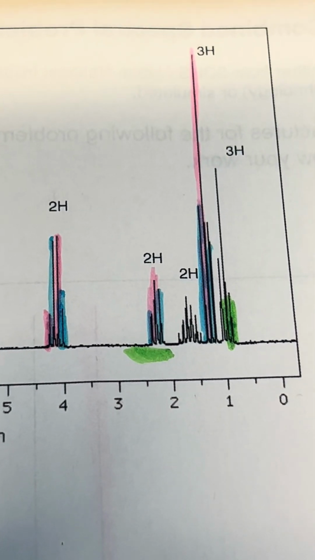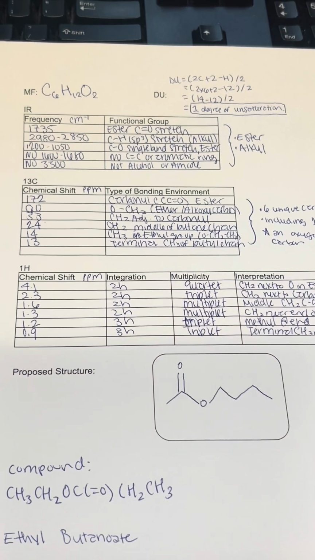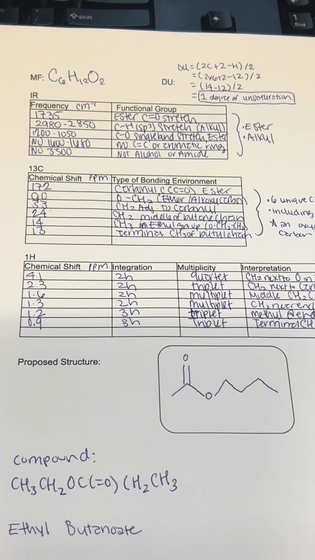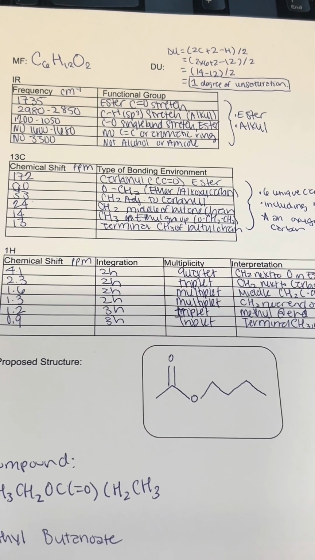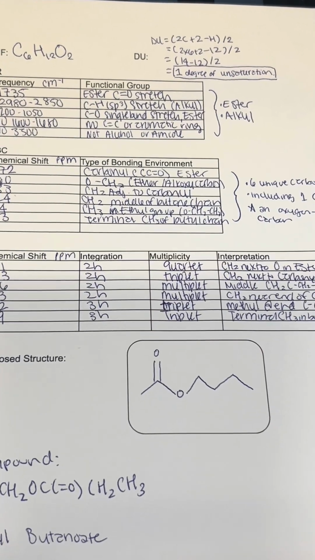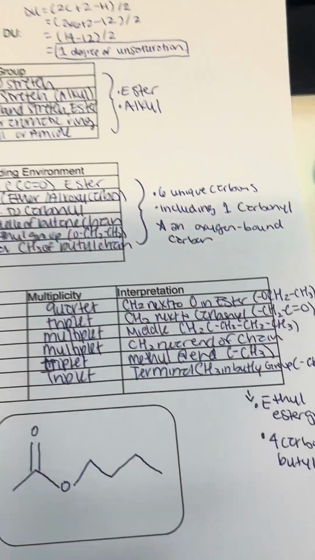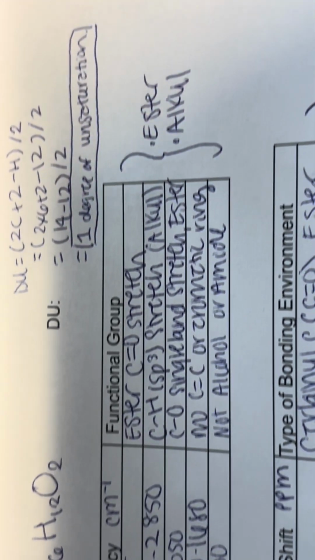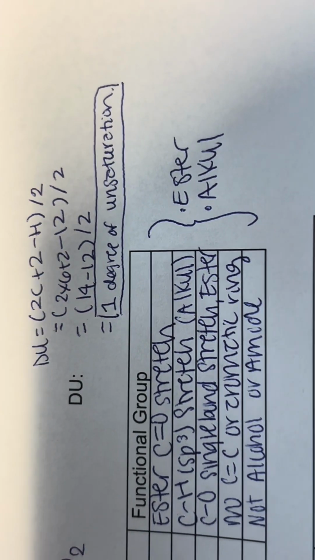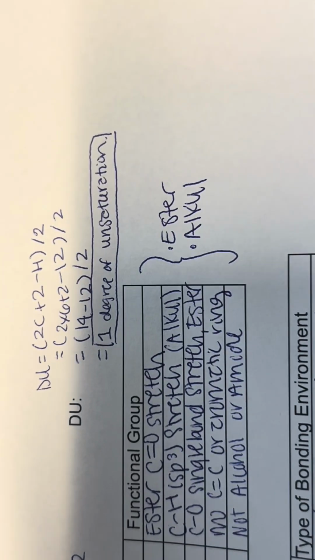So now that we have charted the chemical shifts and frequencies, in addition to the functional groups, bonding environments, integrations, and multiplicities, and spoken to their interpretations as well, it is clear that the IR spectra translates to being an ester.